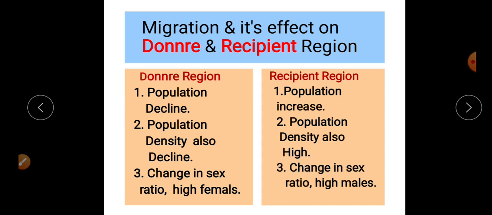That's why a donor region has a high female proportion in its sex ratio, and the sex ratio is good. But the opposite condition we can observe in an urban center. The sex ratio is disturbed and there is a high male proportion.